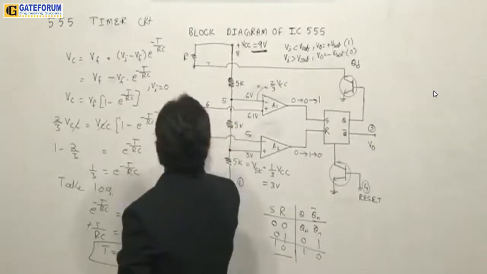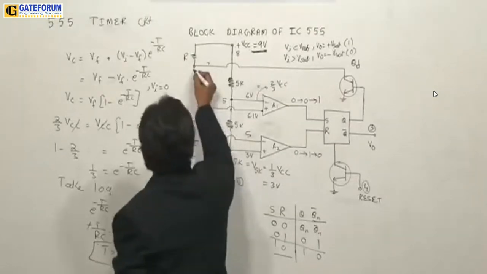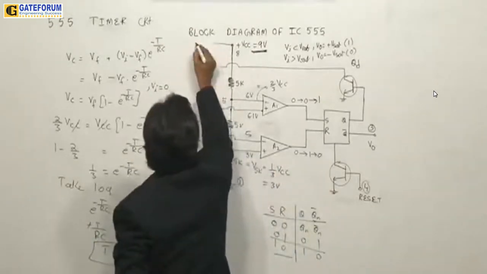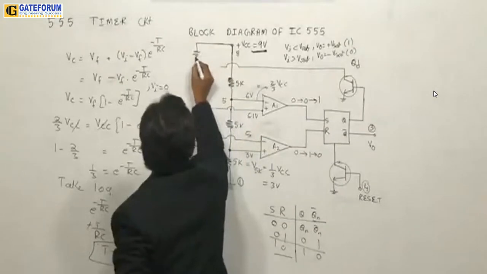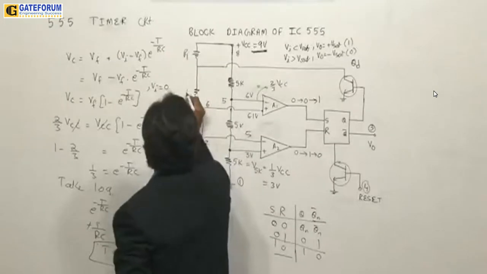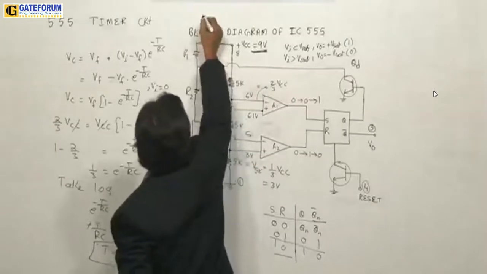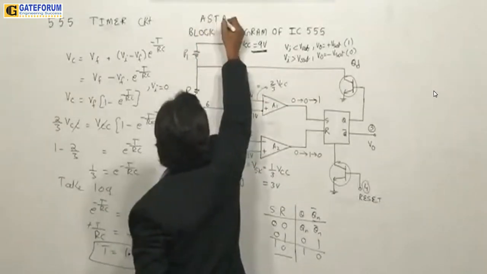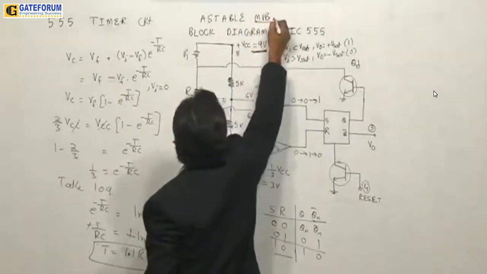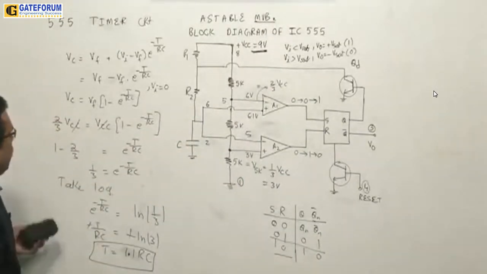Now here pin number 6 and pin number 2 will be connected together to the capacitor, because a trigger will not be given in an astable multivibrator. Here one resistor will be connected, name it R1, and one resistor will be connected here, name it R2. So this is an astable multivibrator circuit.